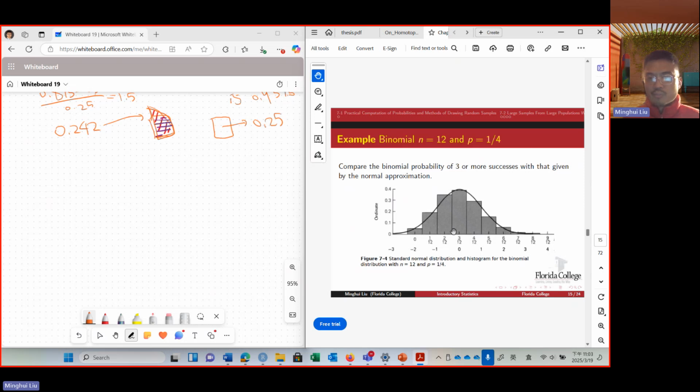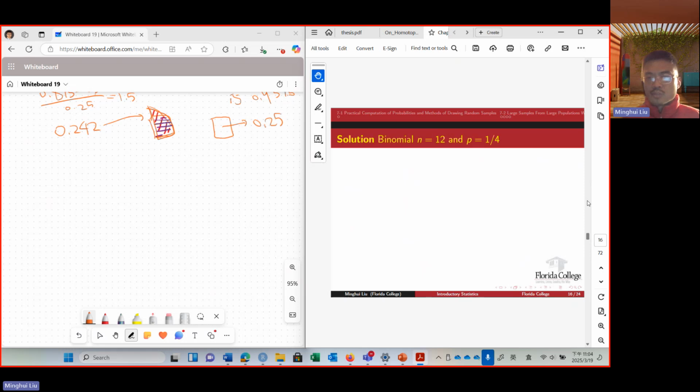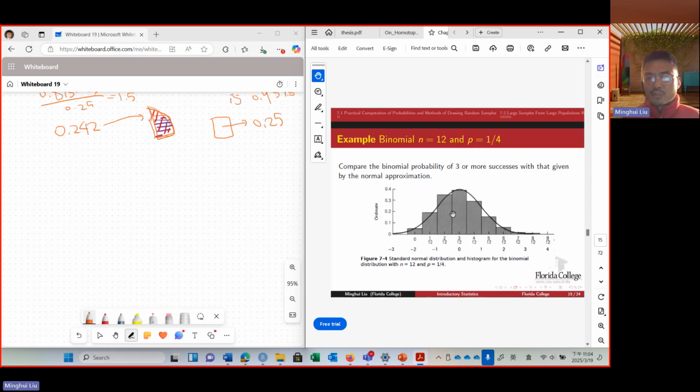It starts from 2.5 over 12 instead of 3 over 12. So its p bar value is 2.5 over 12. And then you can calculate the z-score for that number, which is negative 1 over 3. So the z value is a negative number. In this case, the z value for this vertical bar is negative 1/3.